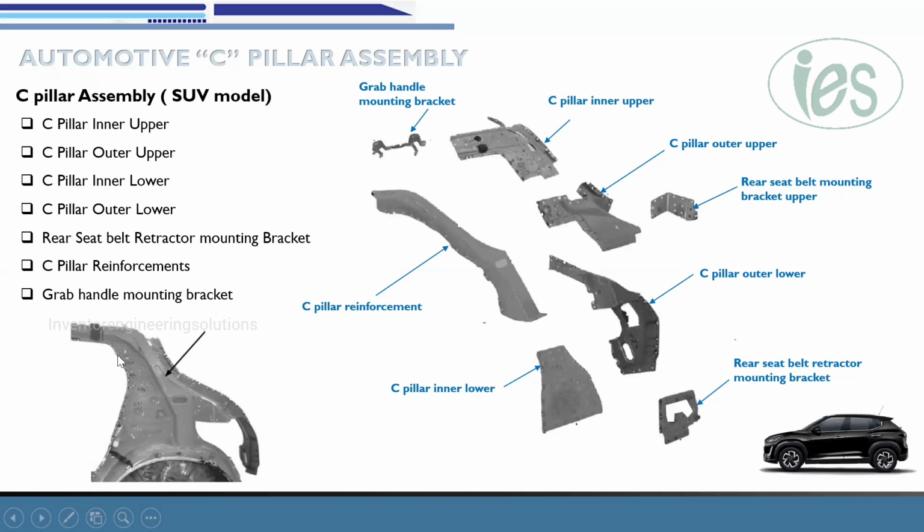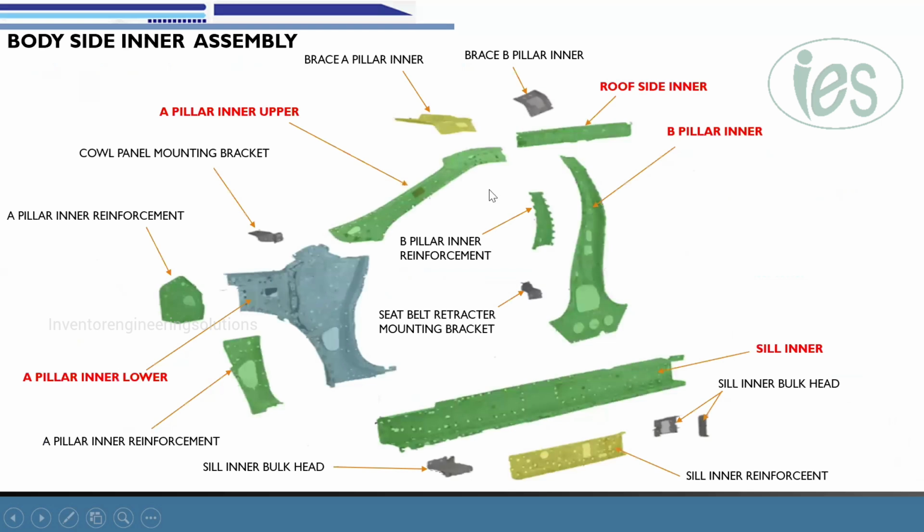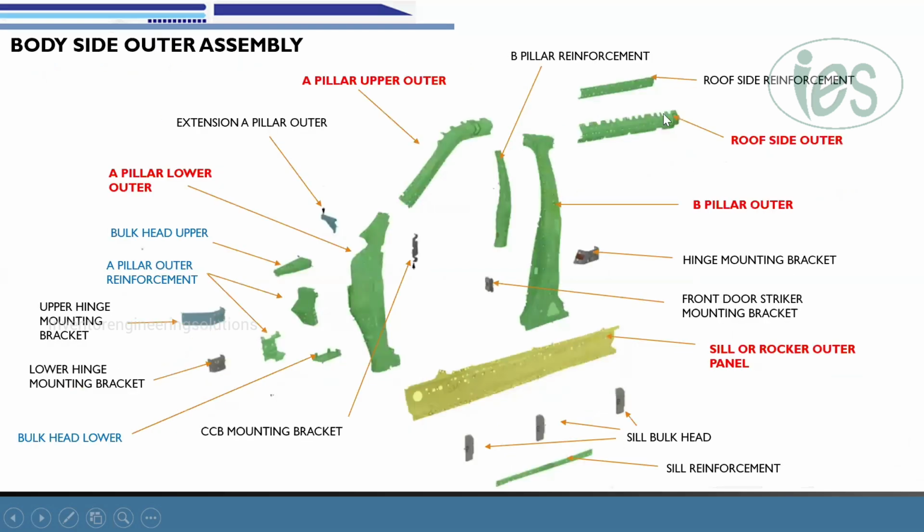At the top area, we have the C pillar inner and the C pillar outer. And in this area, the reinforcement will be connected from the wheel arch, extend, and join to the roof side outer panel.